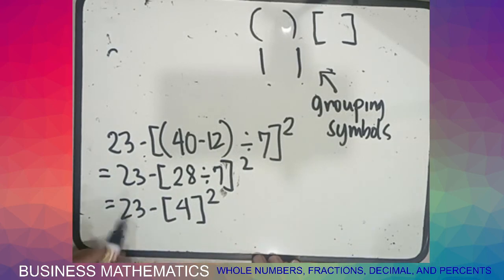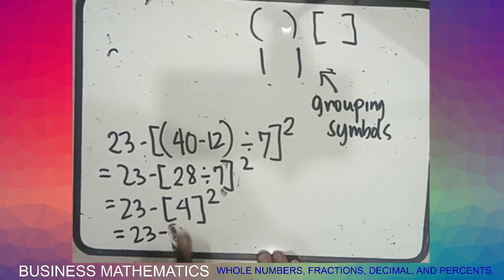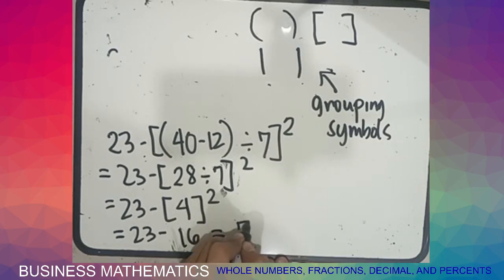So 23 minus, hindi pa natin pwedeng pag-minusin si 23 sa 4, since meron pa tayong squared or exponent sa taas. Ibig sabihin, 16 ang sagot, kasi 4 times 4 is 16. Tanggalin na natin sa brackets. So, 23 minus 16, ang sagot ay 7. Yun yun.